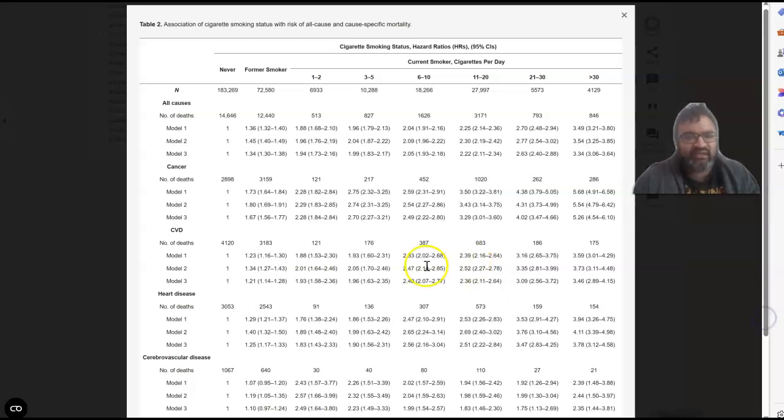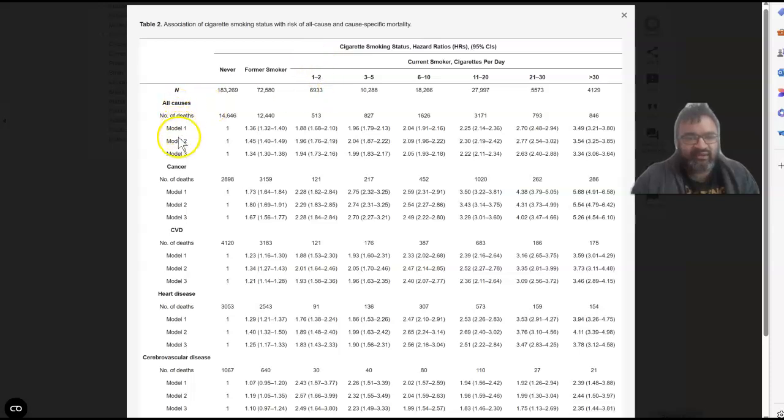This is actually looking at the association of cigarette smoking status with risk of all-cause and cause-specific mortality. So the way this is arranged is that these are the different levels of the dependent variable, and the independent variables, the predictor variables and categories, are all arranged here.